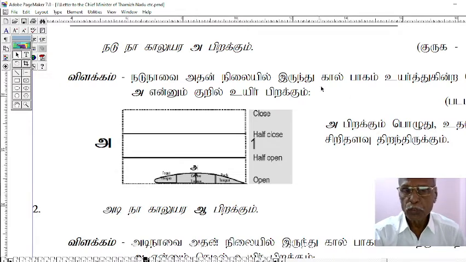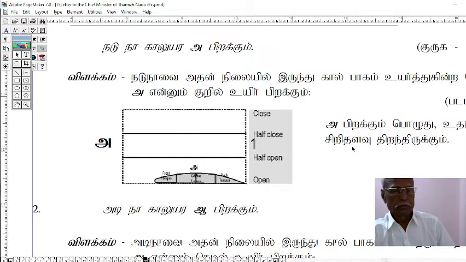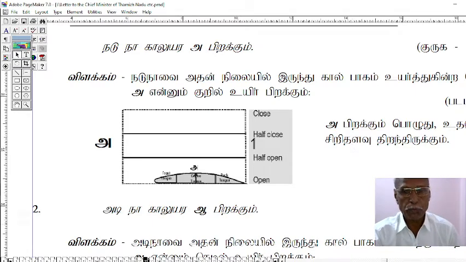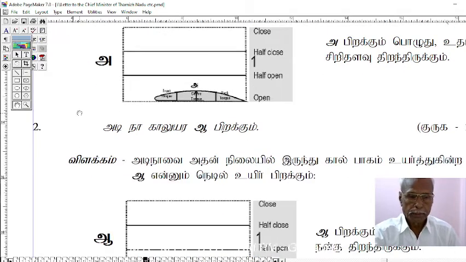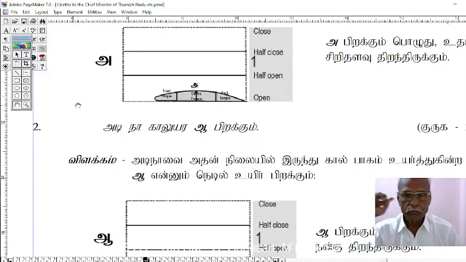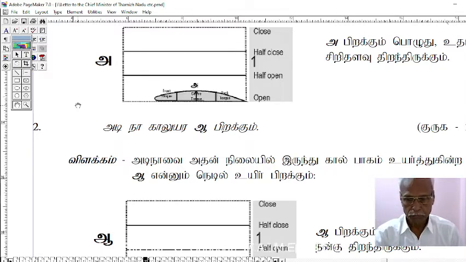When this phoneme is produced, the lips are naturally open.